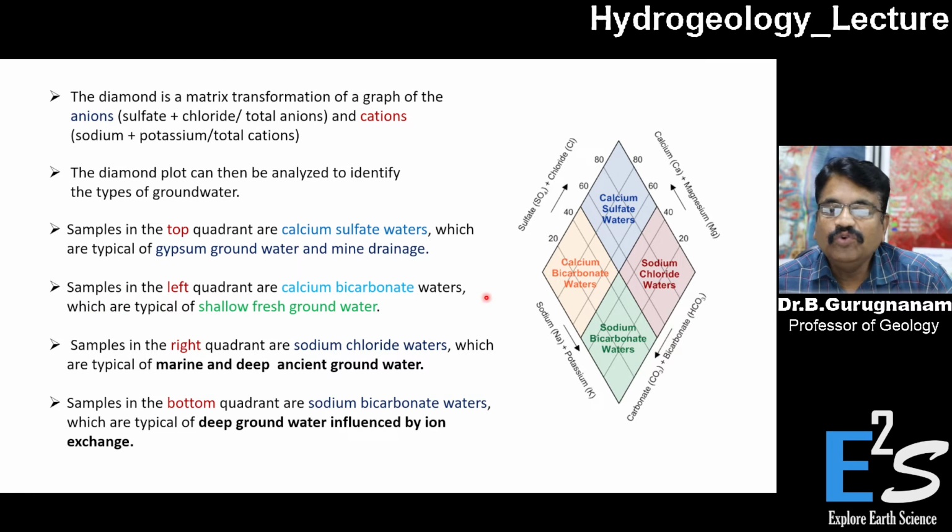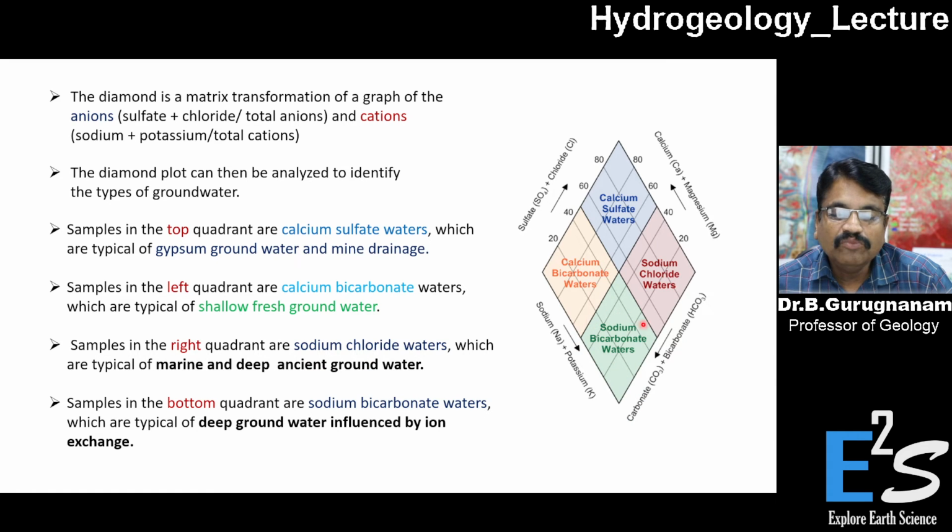Samples in the left quadrant are calcium bicarbonate waters, which are interpreted as typical of shallow fresh groundwater. Samples in the right quadrant are sodium chloride waters, which are typical of marine and deep ancient groundwater.